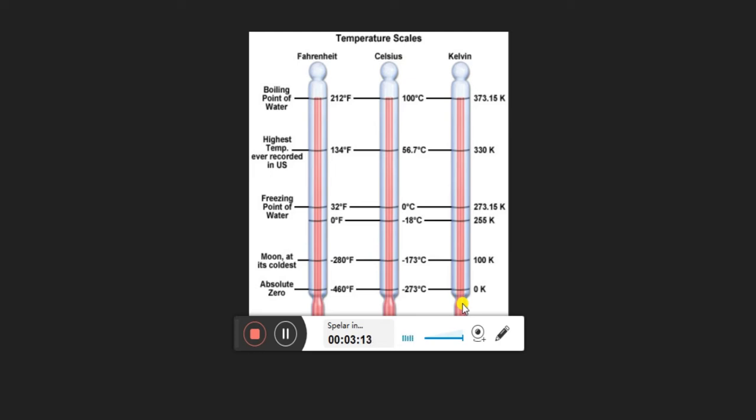Starting from the boiling point: in Celsius, 100 degrees Celsius is the boiling point, whereas in Fahrenheit it will be 212 degrees Fahrenheit, and in Kelvin 373.15 K. So these are all equal: 212 degrees Fahrenheit, 100 degrees Celsius, and 373 Kelvin. That will be equivalent.